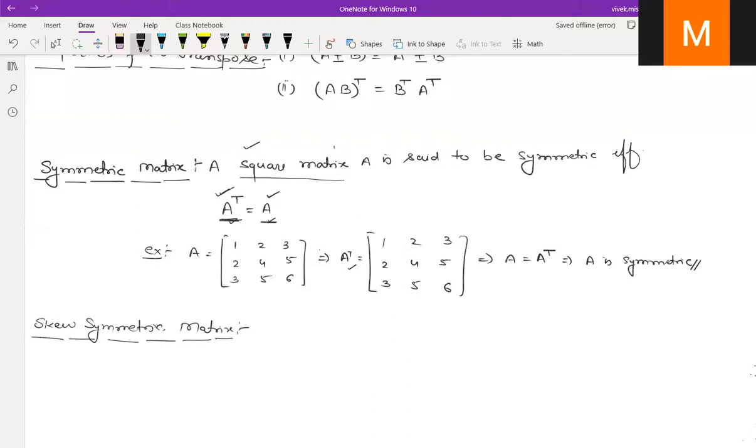Symmetricity is defined for square matrix only. Is it clear, Mangesh? Yes, sir.